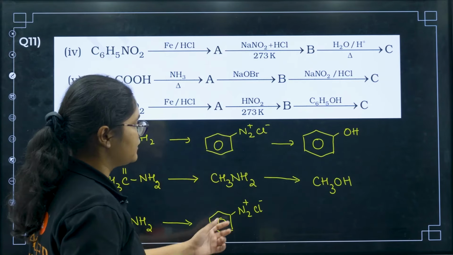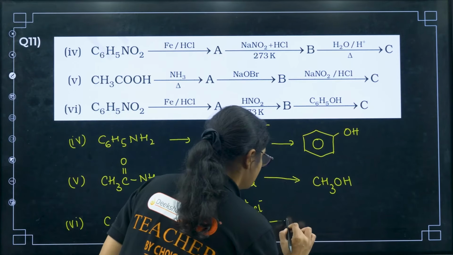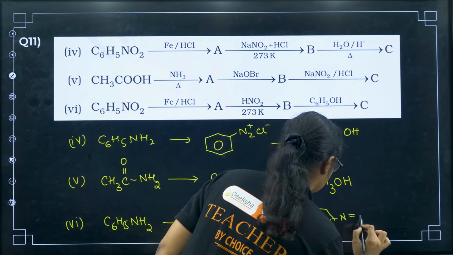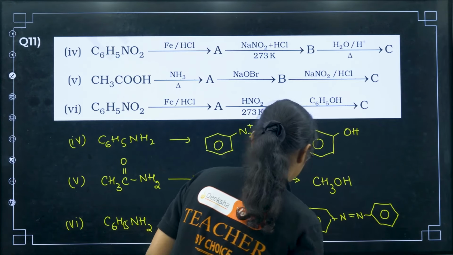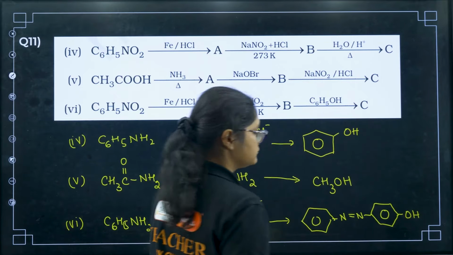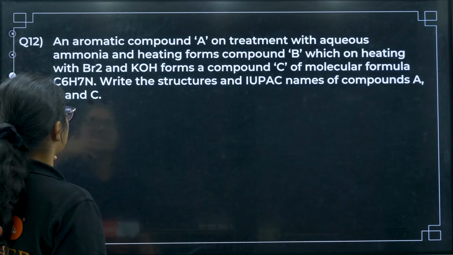And then if you just treat it with C6H5OH, this is again a coupling reaction. So we will get here like this, N=N, and we have the OH group. Okay, clear?